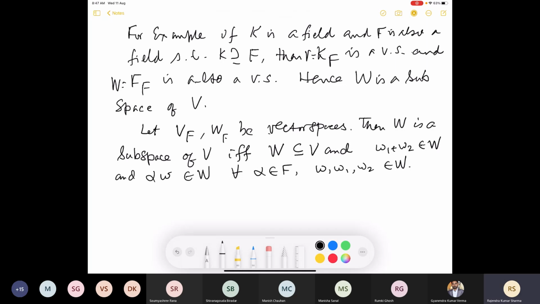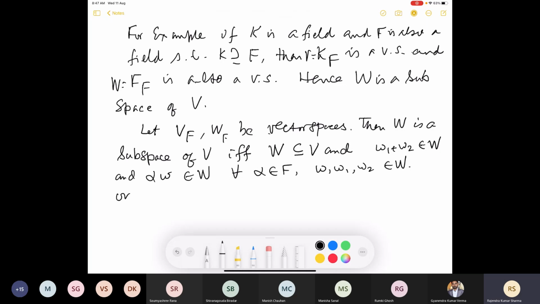Conversely, suppose W is a subset of V which is closed with respect to addition and scalar multiplication. Then you need to verify that all other properties are satisfied. This I leave for you, because these two conditions can be merged into one.